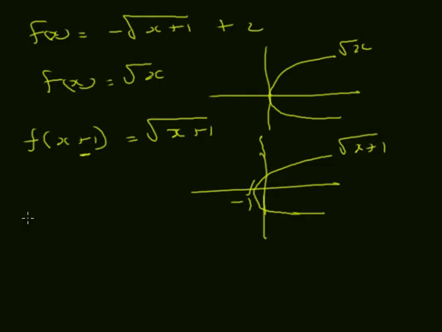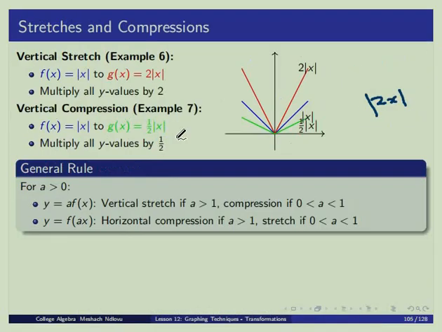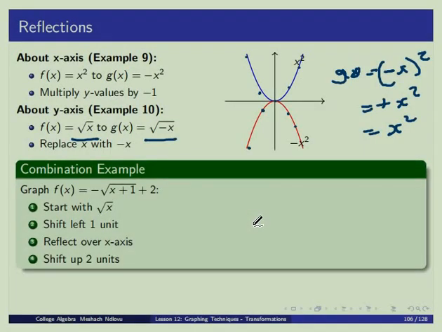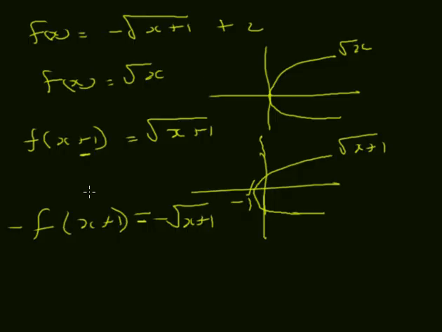And then from there you can apply the reflection: minus square root of x plus 1. This is a reflection about the x-axis because the minus is outside.